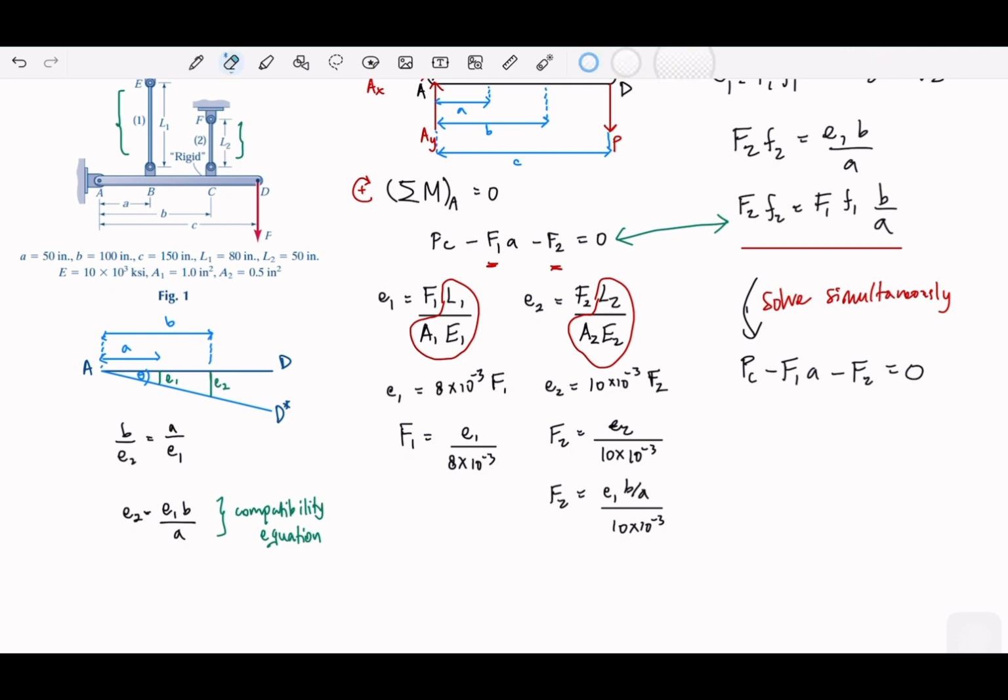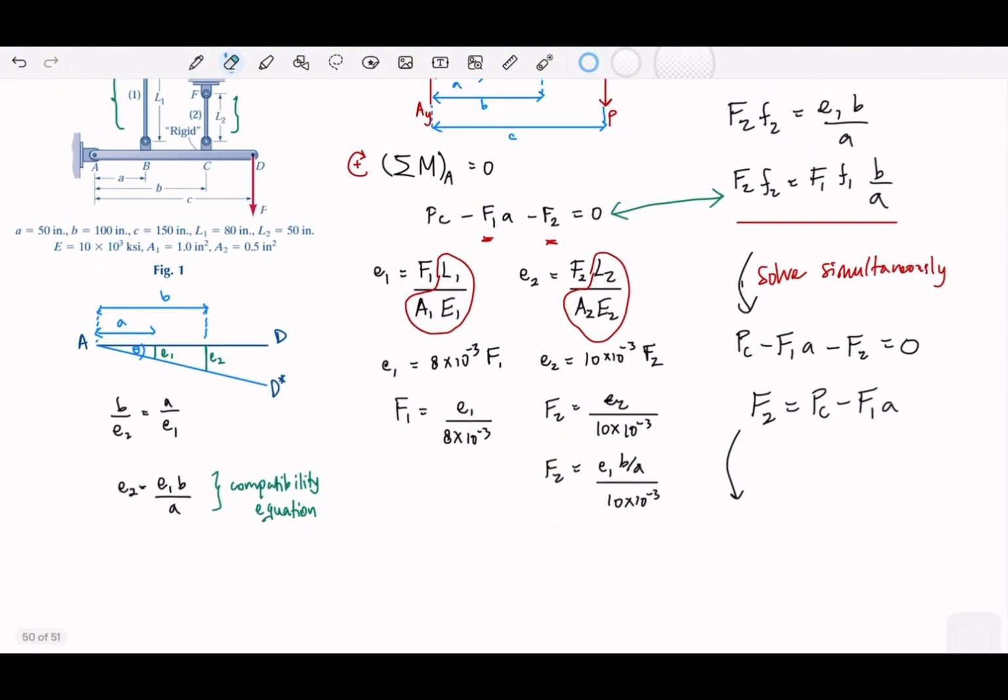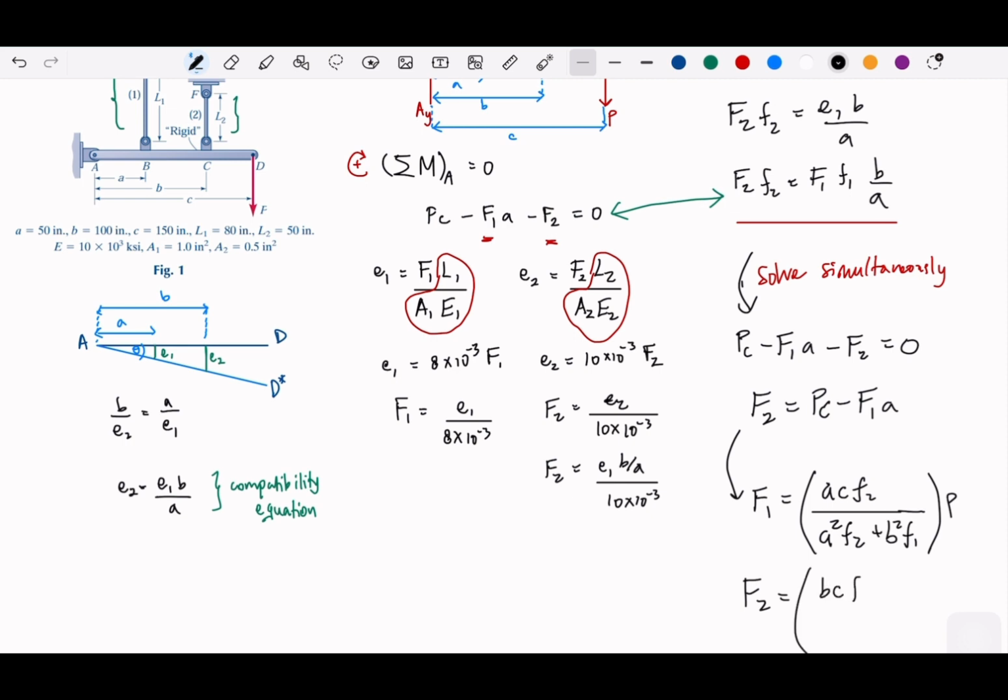So from this we get that F2 is PC minus F1 A, and we can solve this, taking F1 as AC F2 over A squared F2 plus B squared F1, and then P, and then F2 will be BC F1.